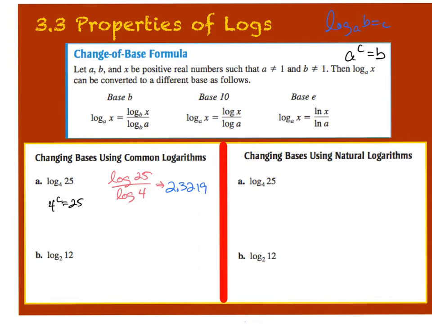All right, let's do this next one. I have log base 2 of 12. Again, I'd try to solve this my other way. I'd do 2 to the power of C is equal to 12. Do you know what 2 to the power of something gives you 12? No. So we do the change of base. So now we have log of 12 over log of 2.